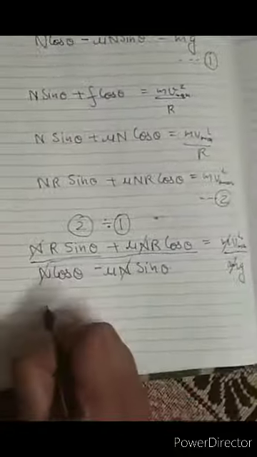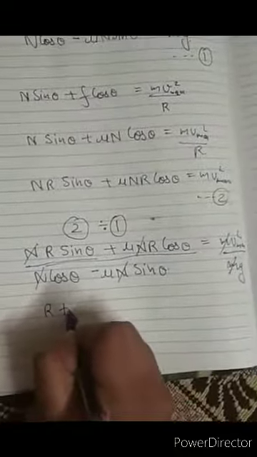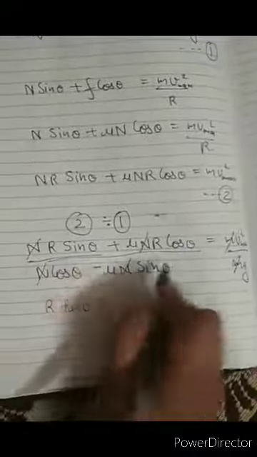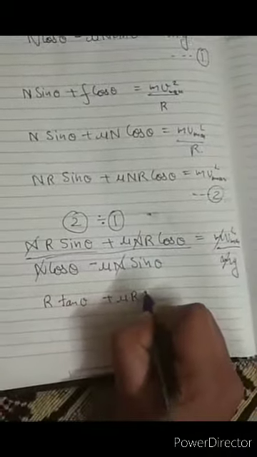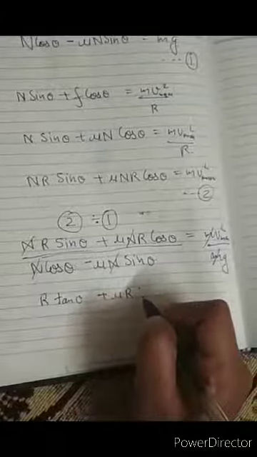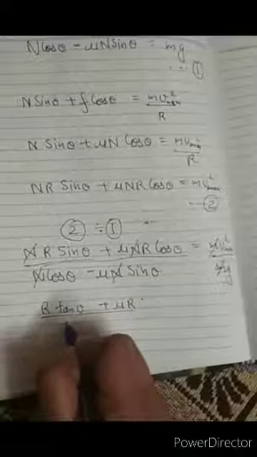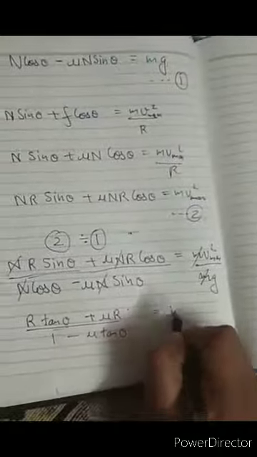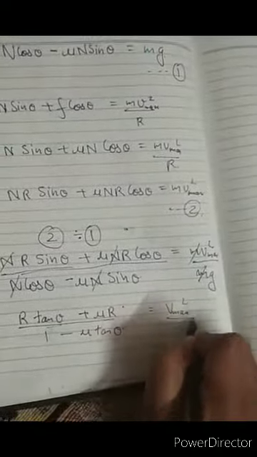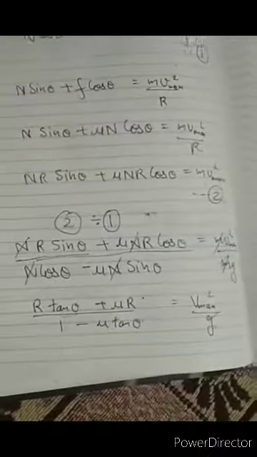We are left with r tan theta plus mu r in the numerator, and in the denominator 1 minus mu sin theta upon cos theta, which is tan theta, equal to v max square by g.